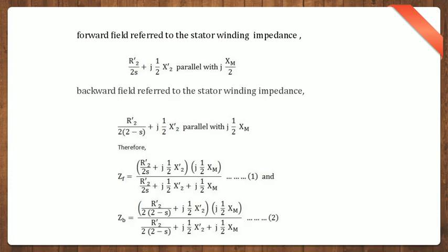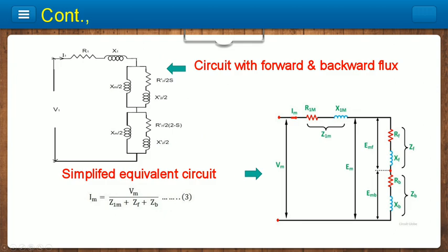This can be shown as an equivalent rheostat or variable resistance. To find ZF and ZB, the shunt branch is in parallel with the impedance, that is, the magnetizing leakage reactance. So this effective resistance gives ZF and ZB.